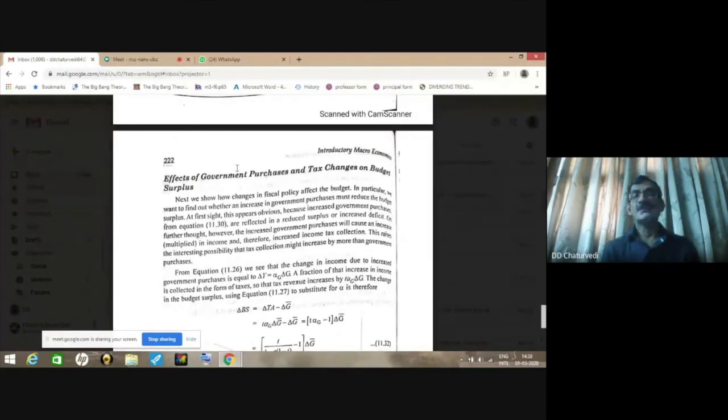And that led to the formulation of equation number 11.32, for which we have used equation number 11.27.